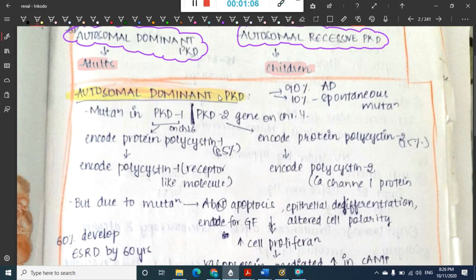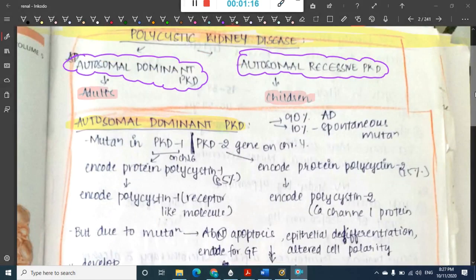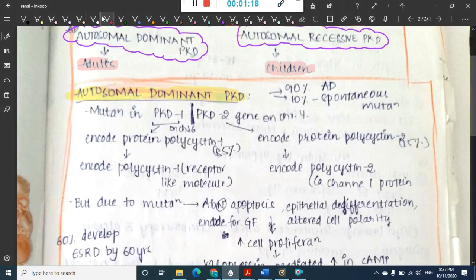In autosomal dominant polycystic kidney disease, 90% of the cases are autosomal dominant, whereas 10% are due to spontaneous mutation.